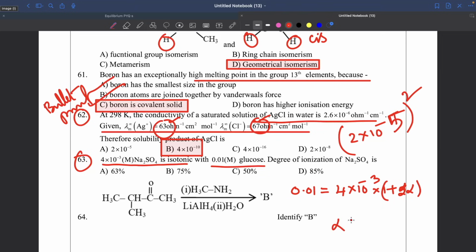On solving this, we will be getting 0.75, which is equals to 75%. 75% is the answer. Okay.